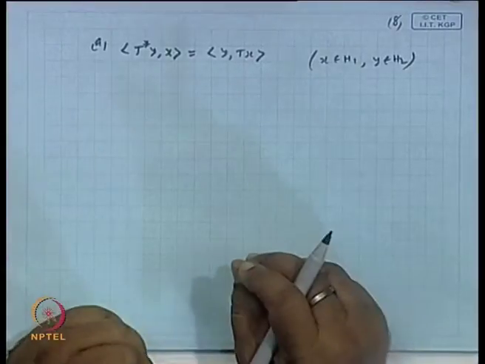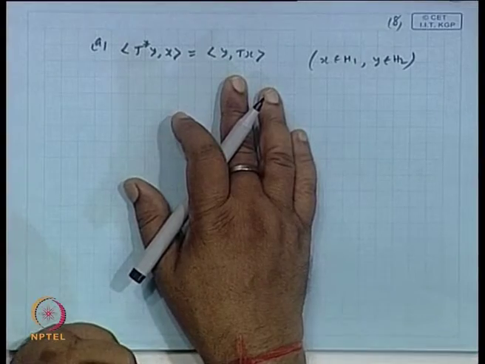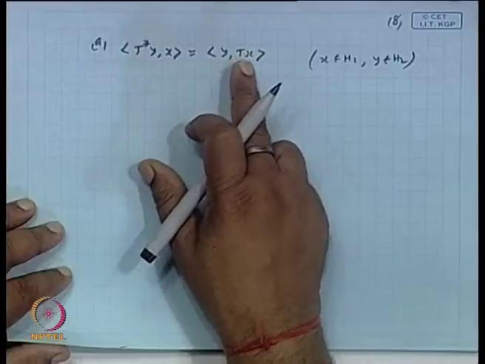Okay. Do you remember this definition? This is different from the definition. The definition says the inner product ⟨Tx, y⟩ is ⟨x, T*y⟩. Is it not? That was the definition of the Hilbert adjoint operator. Here we are saying ⟨T*y, x⟩, then T can be taken here.